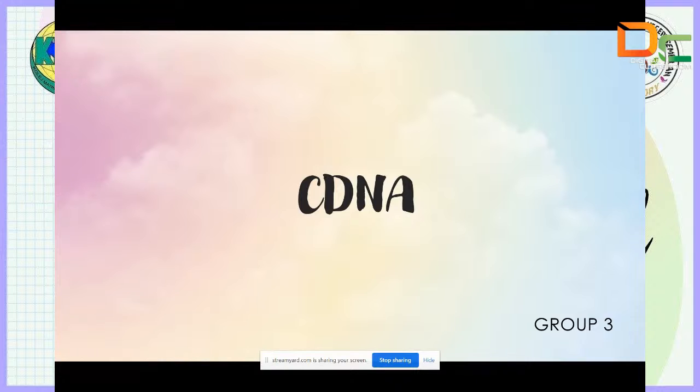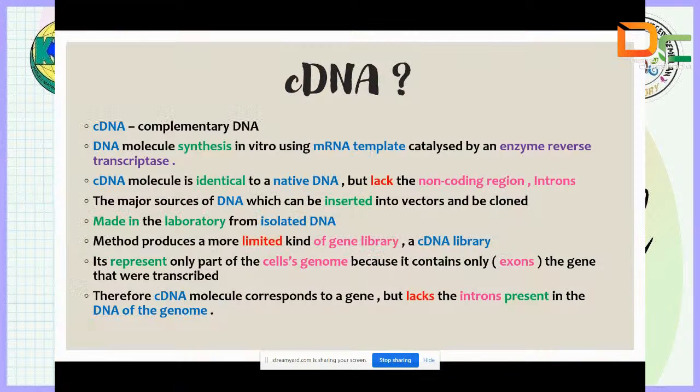Today we're going to talk about cDNA. So cDNA, the C stands for complementary DNA. cDNA is complementary DNA, a DNA molecule synthesized in vitro using an mRNA template catalyzed by the enzyme reverse transcriptase.